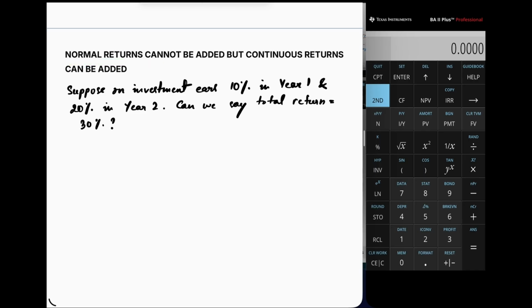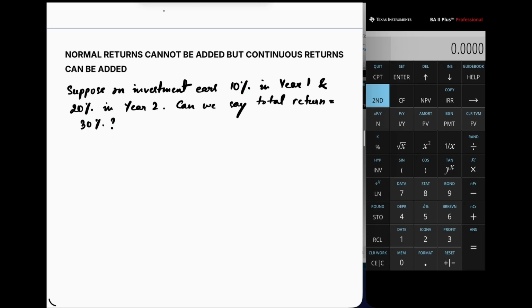This is one of the benefits highlighted in your CFA book, particularly mentioned there. So let me prove that point through this one question. Suppose there is an investment which earns 10% in year 1 and 20% in year 2. Can we simply add these two normal returns and say that 10 plus 20 is 30 percent returns? Let's just check.